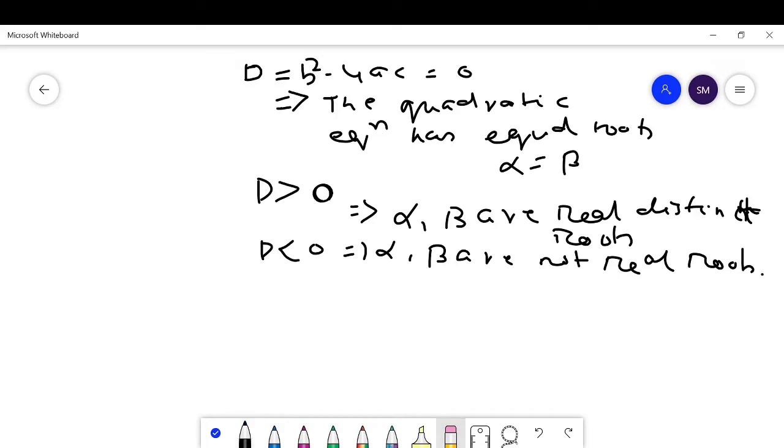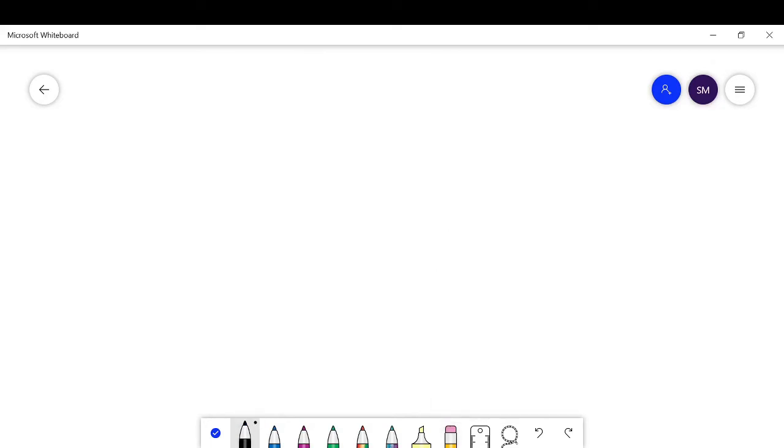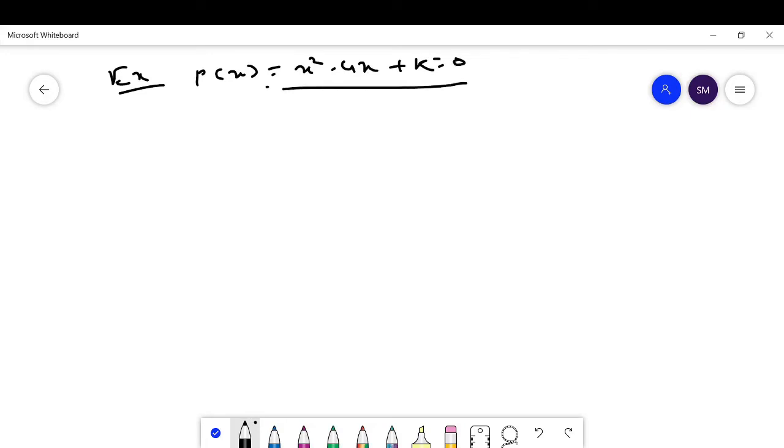Okay. Then next, let us continue with some examples. Find the value of k for which the given equation has real and distinct roots. Here the given quadratic equation is p(x) = x square minus 4x plus k = 0.